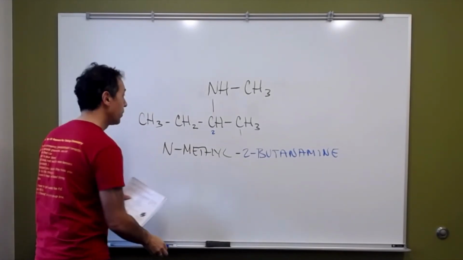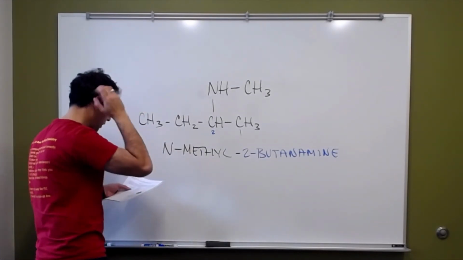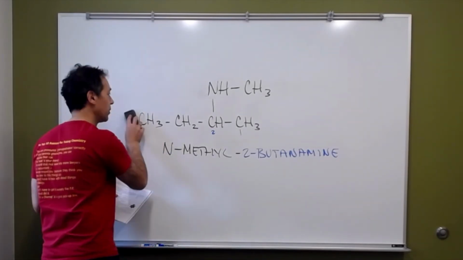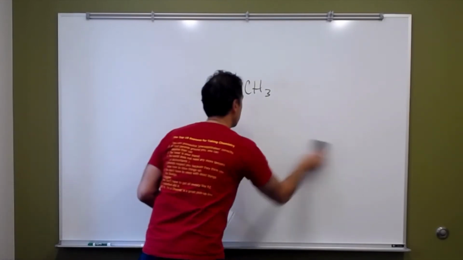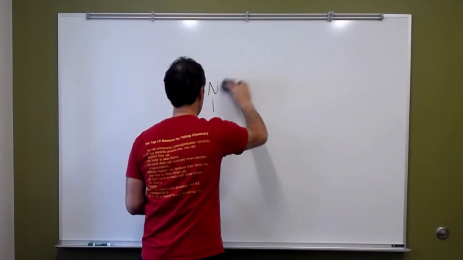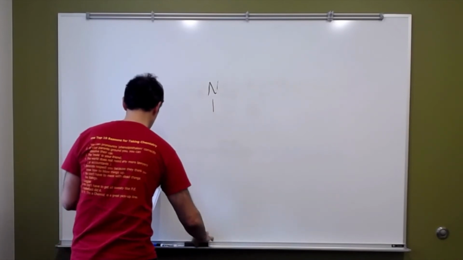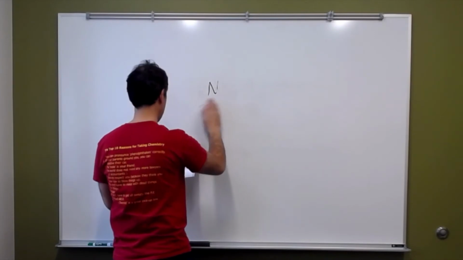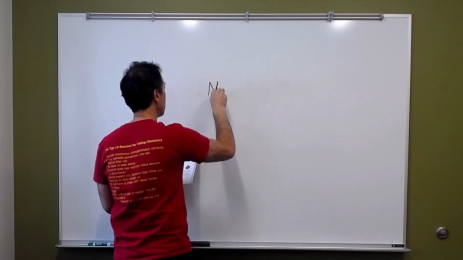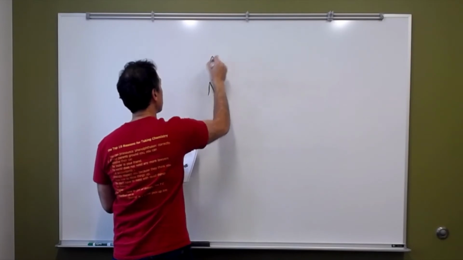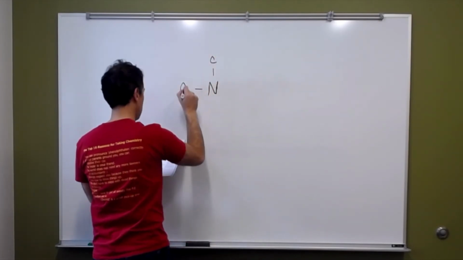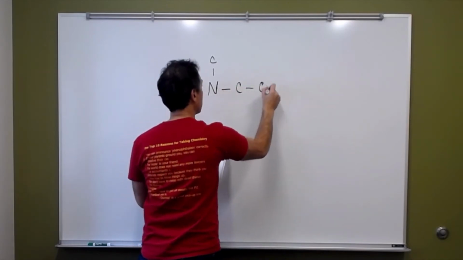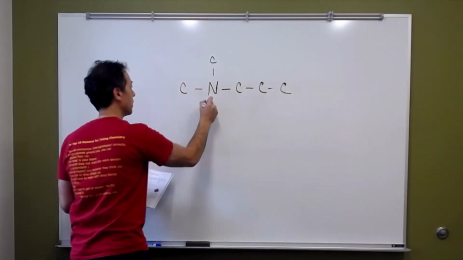And what if we have, let's try something else, another two things coming off of that nitrogen atom here. Let's try carbon, and then carbon, and then let's try, like this.